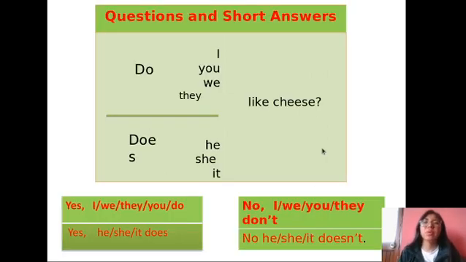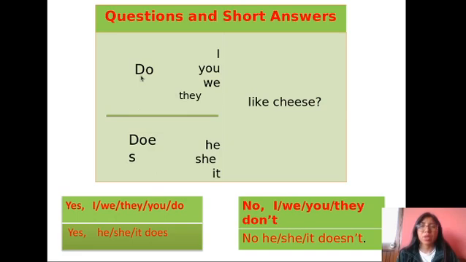Pay attention to the question. Okay, that is the same. In negative and in questions, we have to use the auxiliary. Okay, that's the same. We are going to use do for I, you, we, and they, and we are going to use does for he, she, it. Okay, and the verb in the base form.